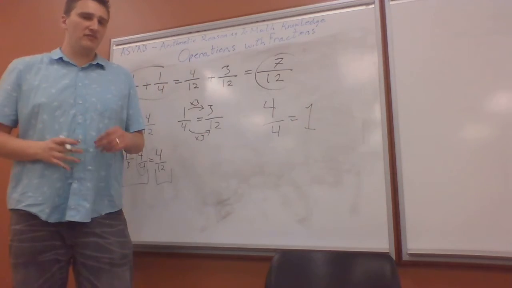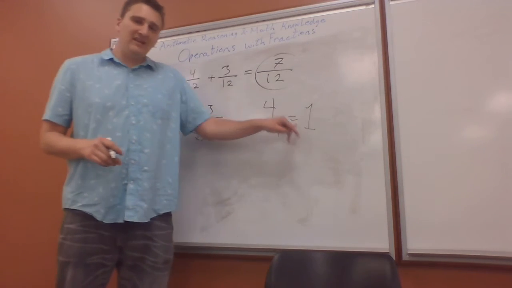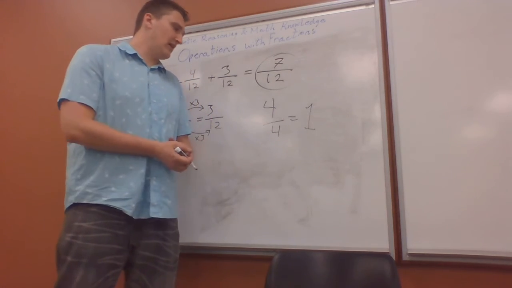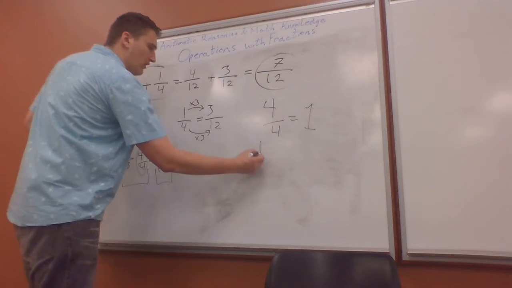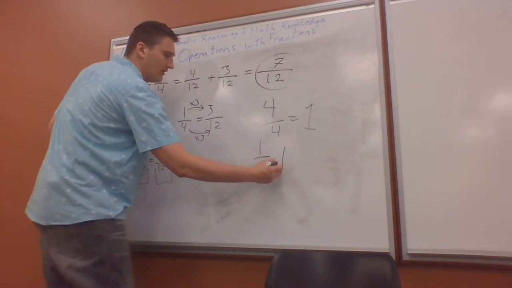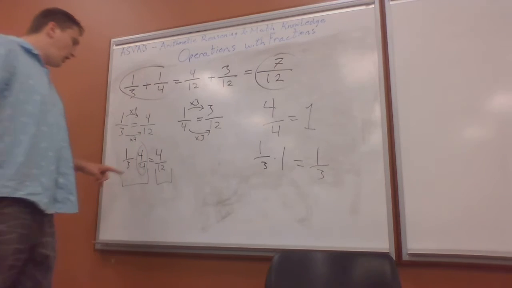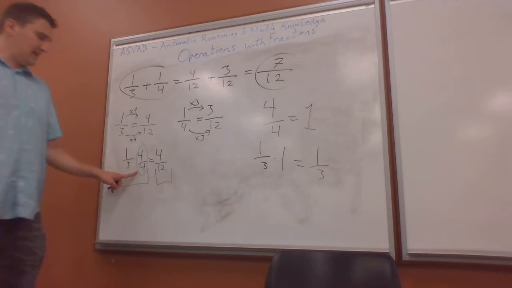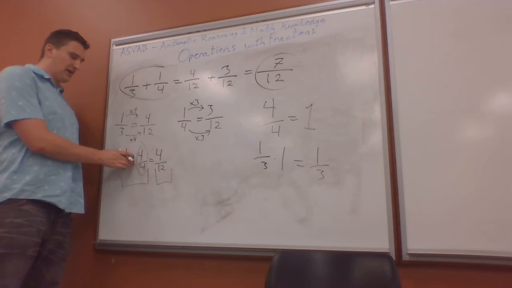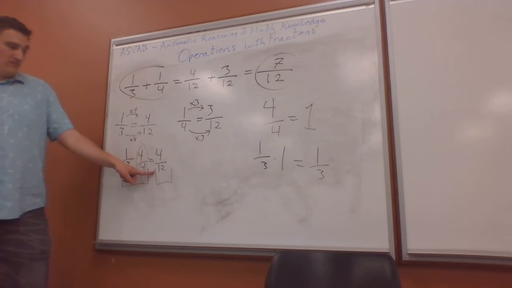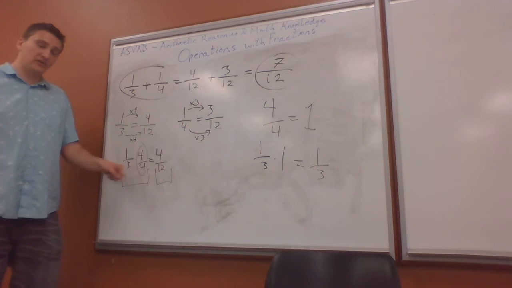Remember what we talked about in our first video. I multiply anything by 1, I don't change the value of it. I get back the same value. If I went 1/3 times 1, I would get back 1/3. All this is showing is that I multiply 1/3 times 1, and I get something equal to 1/3. 4 12ths happens to be equal to 1/3.